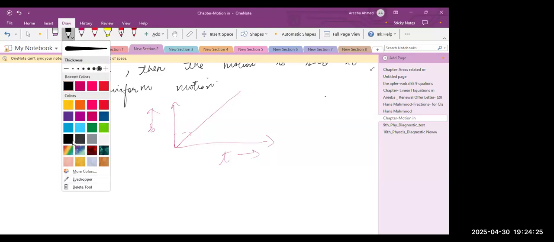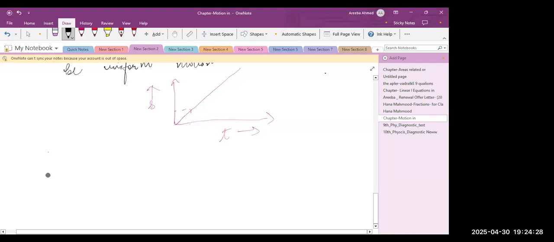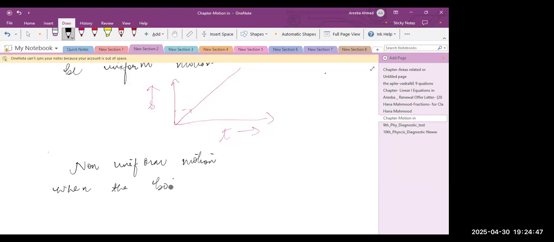So tell me, can you guess what it is? Traveling unequal distances in equal intervals of time. Yes, very good. Non-uniform motion, write it: when the body will travel unequal distances.